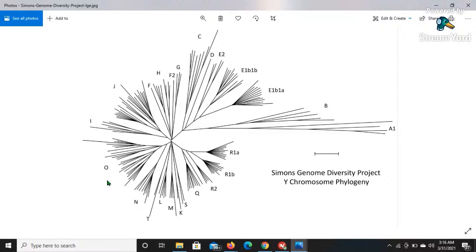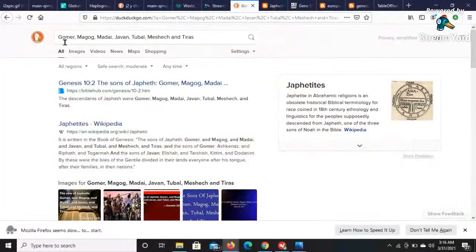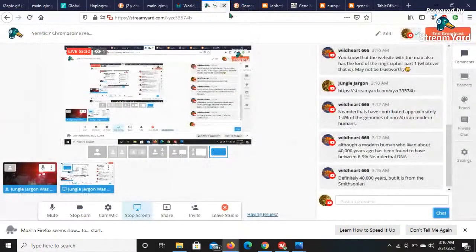Could have 6 survivors, maybe. 6? No, that's how many there are. 1, 2, 3, 4, 5, 6, 7. Oh, there's 7. But the Denisovan DNA, they don't have the Y chromosome yet, so they don't know if the Denisovan DNA is extinct yet.